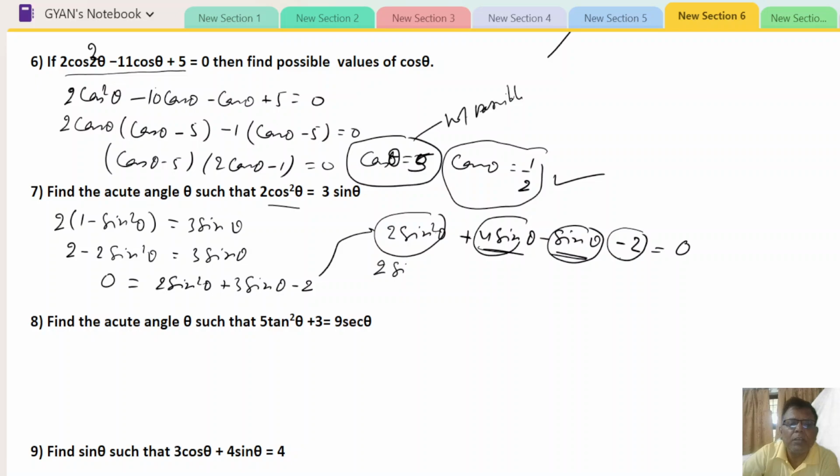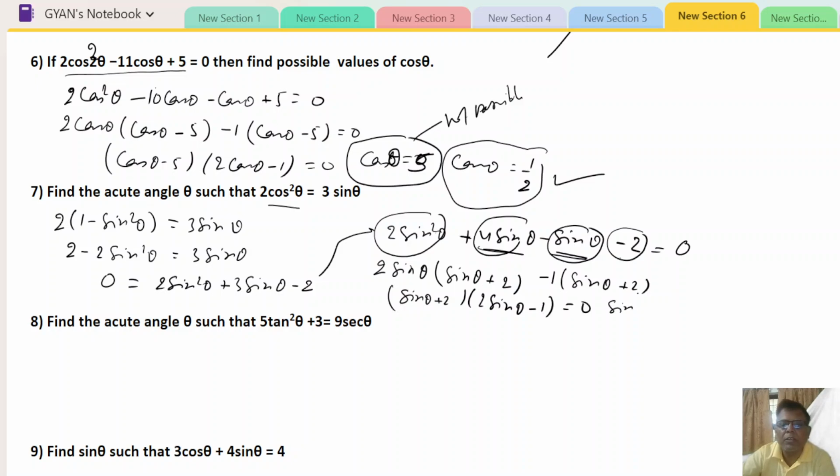So 2 sin theta common, then this will be sin theta plus 2, and here you take minus 1 common, then sin theta plus 2. Then again you take sin theta plus 2 common, then it will be (2 sin theta minus 1) equal to 0.